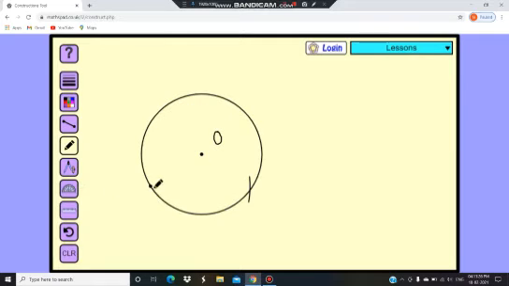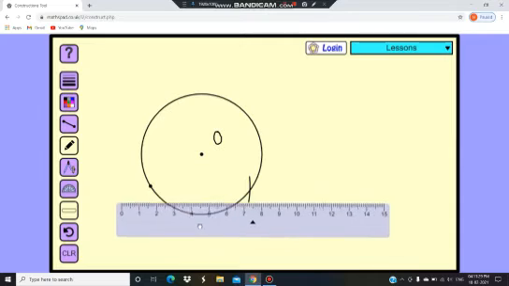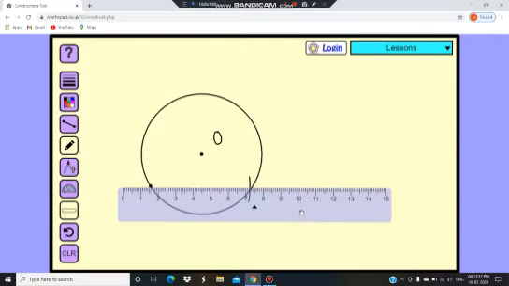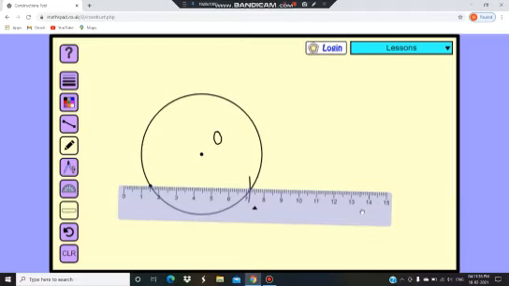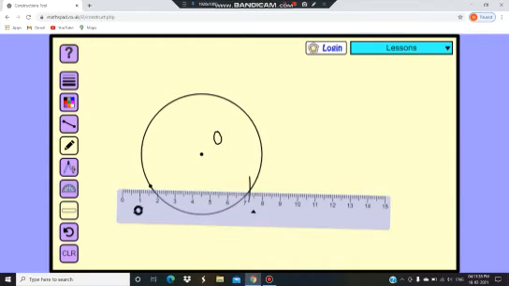So now from this point to this point the distance is 5.7 centimeter. Not directly with the scale, we have to show it with the arc. With that 5.7 we have to make one arc, and wherever it's intersecting that arc we have to join that point, and that is our chord MN, 5.7 centimeter.